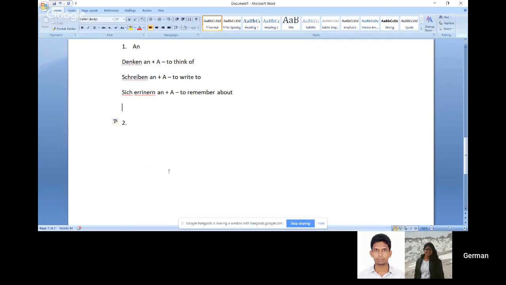Ja, richtig. For ich denke, I have to use mir? Nein, or accusative. See, we have also written A for accusative over here. So these verbs, when they would be associated with accusative, ich denke mich, if it had been a reflexive verb. Wie bitte?